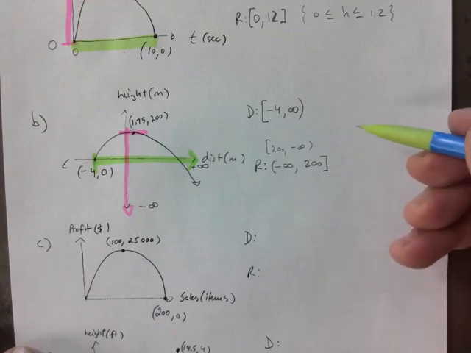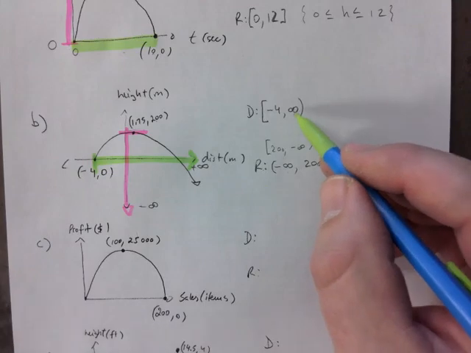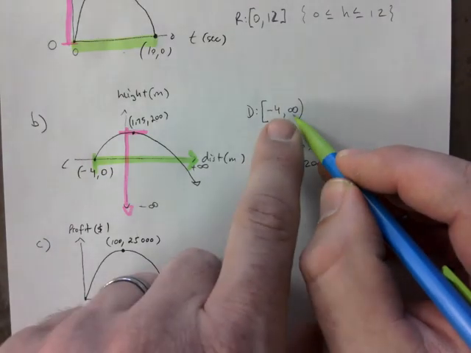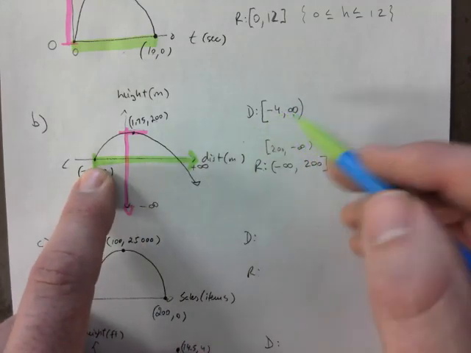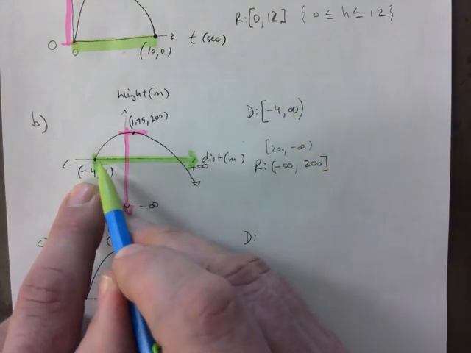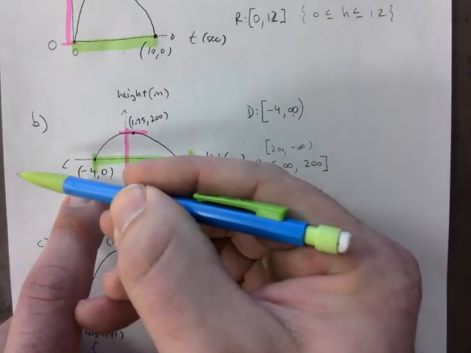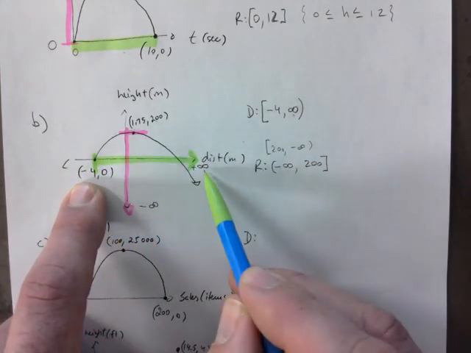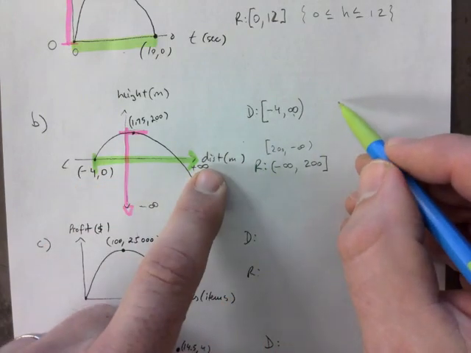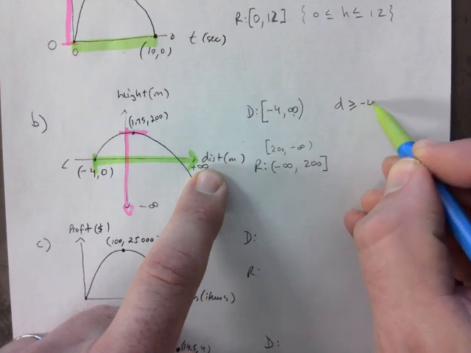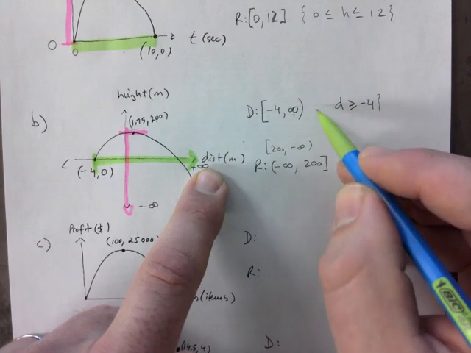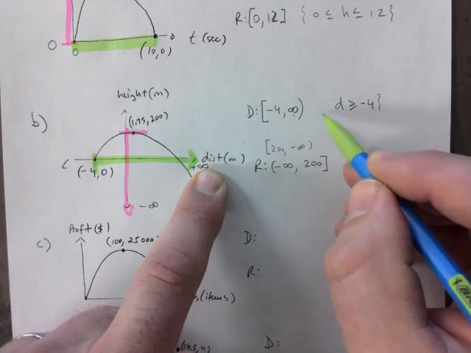How do you write this in set notation? When you have infinities, you focus on that number, -4. And then you ask yourself, is it going to positive infinity or negative infinity? It's going to positive infinity. So d has to be greater than or equal to -4. That's all. You don't have to have an infinity on this end or a 0.